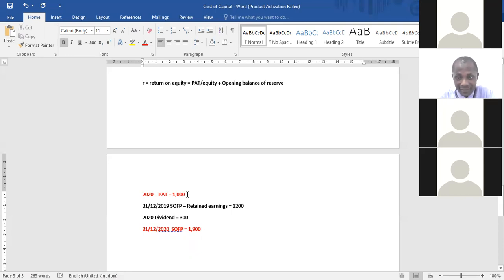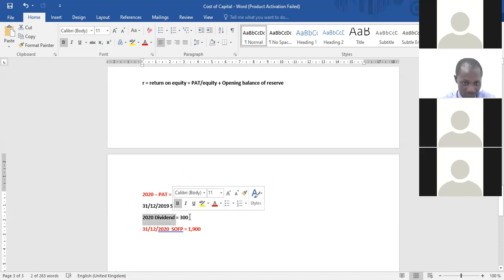This profit after tax, I can use it in two ways. Either I retain everything, or I pay part of it as dividend and retain the balance. So let us assume that out of this 1,000 naira that we made in year 2020, the company paid dividend of 300.